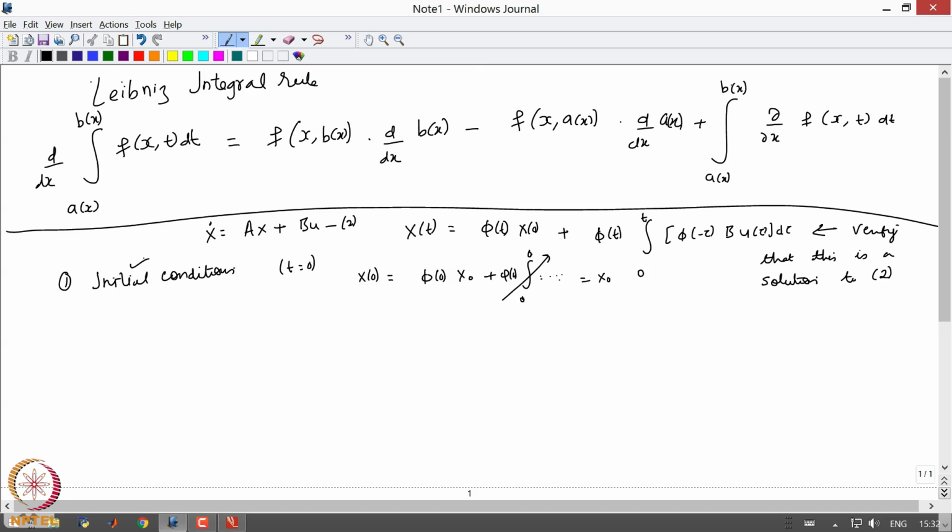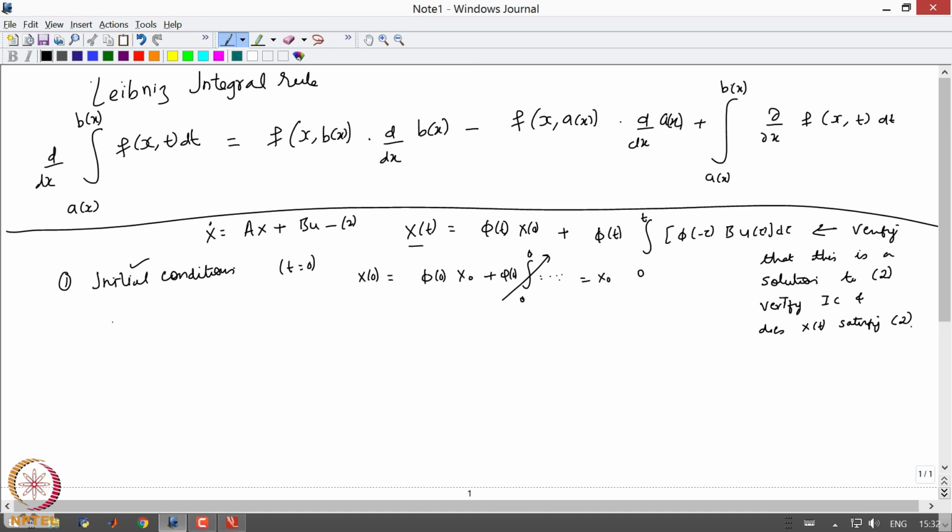Now, the second thing: first is to verify the initial conditions, and second, does this x of t satisfy the differential equation too. So I just differentiate this and put it back.